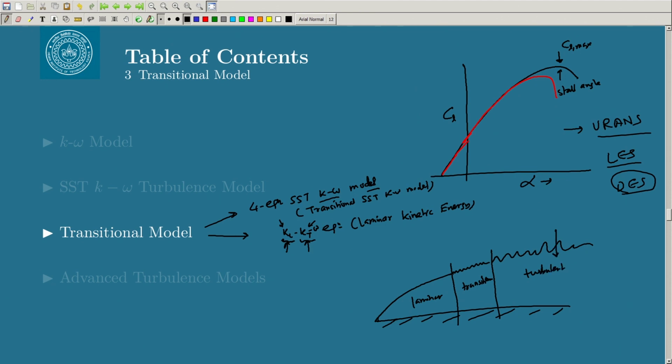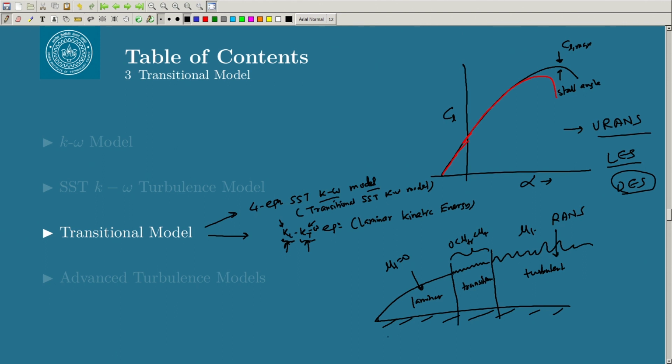The fully turbulent flow model works here. In the laminar region you do not require eddy viscosity, so mu t equals 0, and in between this will have mu t, let us call it mu transitional, which is in between 0 and mu t.